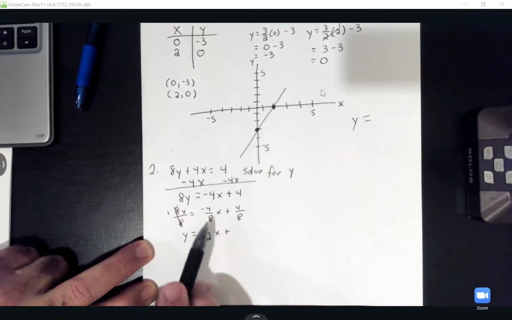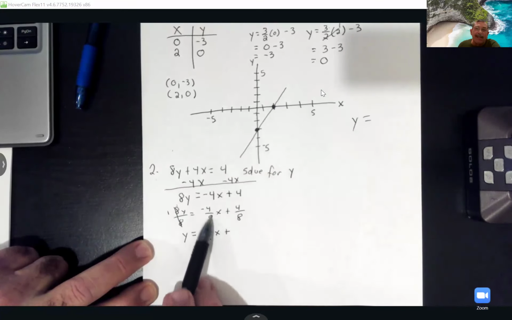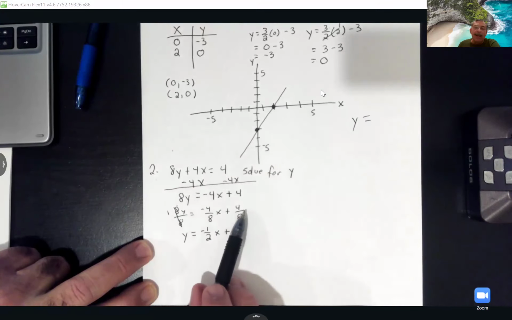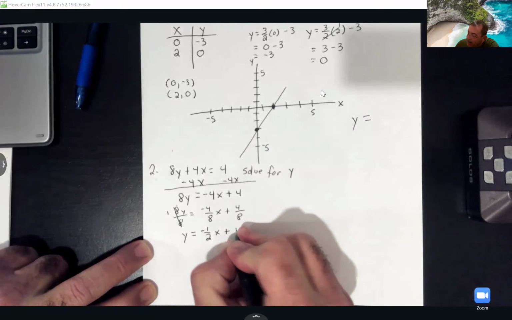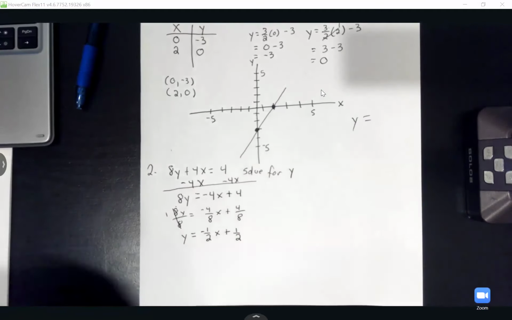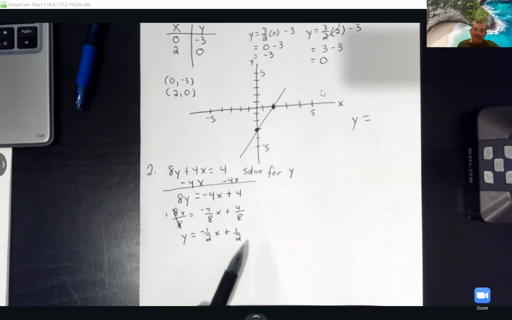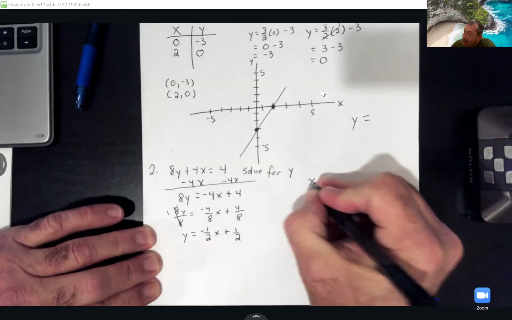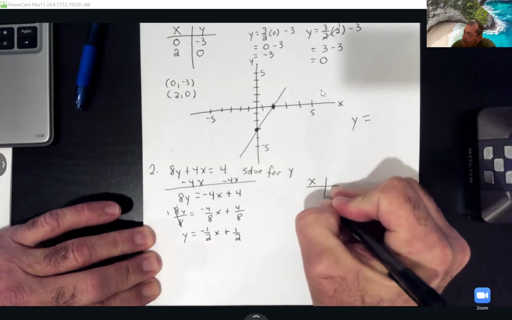Yeah. So we're just dividing both of them by 4, basically. And then the same thing here. 4/8 will turn that into a plus half. So now it's solved for y, and then now we could pick our points if we wanted to.